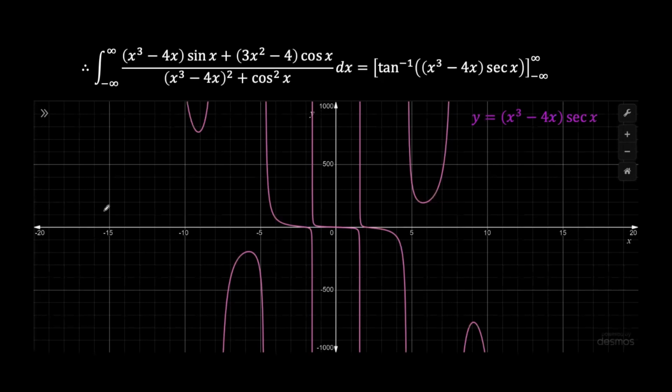When it flips in the positive direction, it is going to tend to pi over 2. And so you're going to have a constant pi over 2 positive, negative pi over 2. So we're going to have that step up, negative, positive, negative, positive.